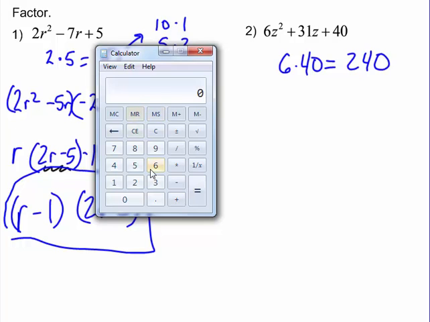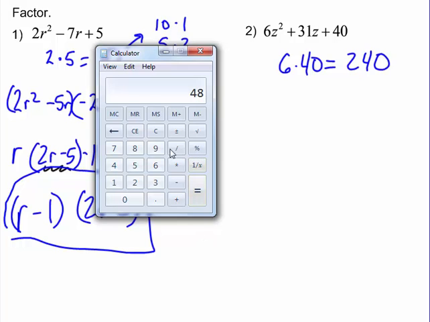Okay, so I'll put this up here for you. So 4 didn't work because it was 4 and 60. That doesn't work. 5, 240 divided by 5 equals 48.